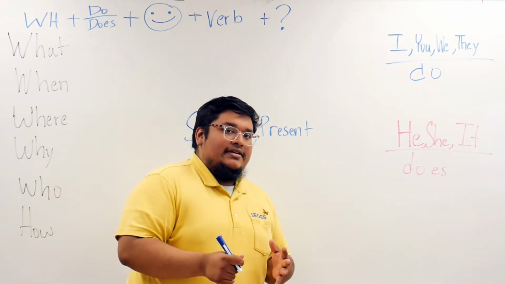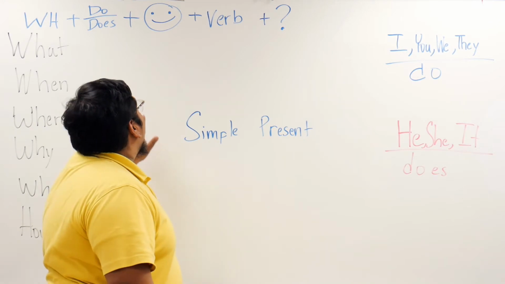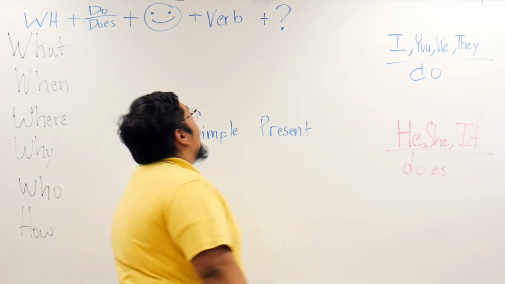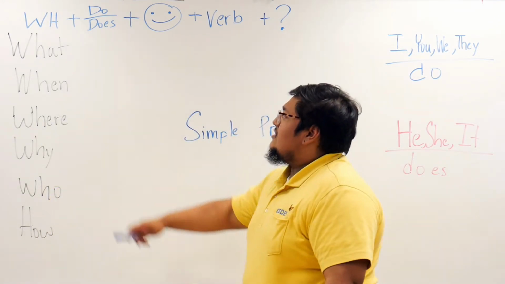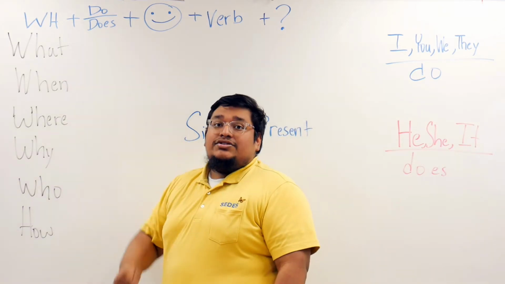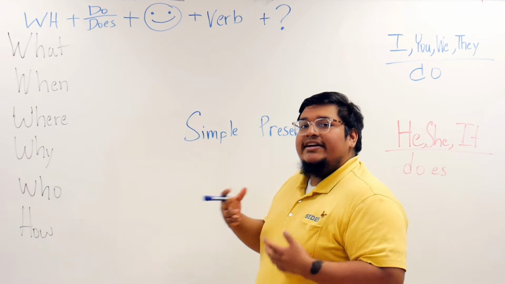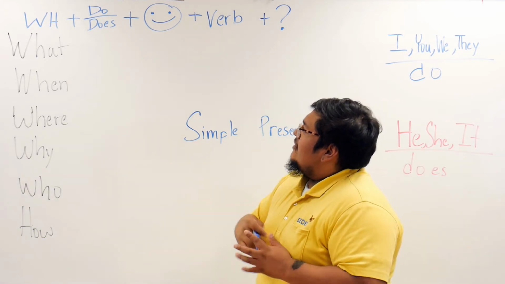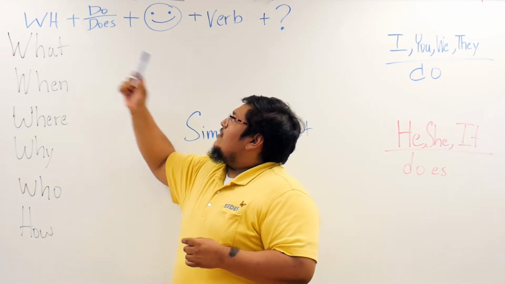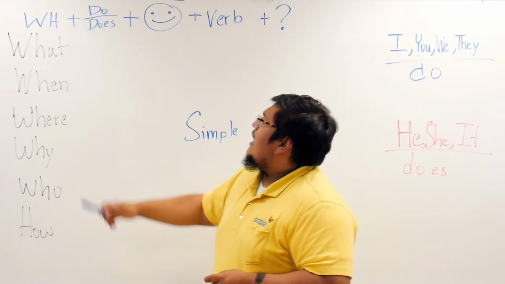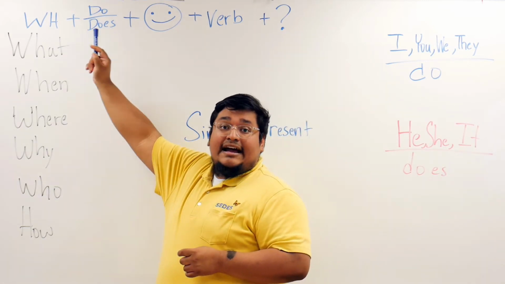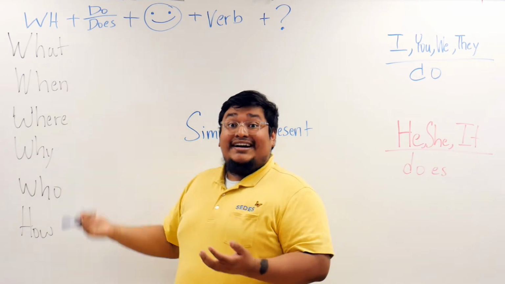So now let's look at our formula. My formula tells me that I first need a WH word. These are my WH words, and I will explain them when we get to them. And then, after we have the WH words, we have the auxiliary words. You either have the word do or the word does.